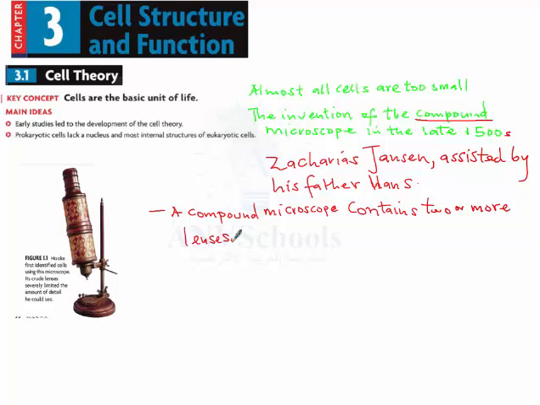The discovery of cells was first done by Sir Robert Hooke.